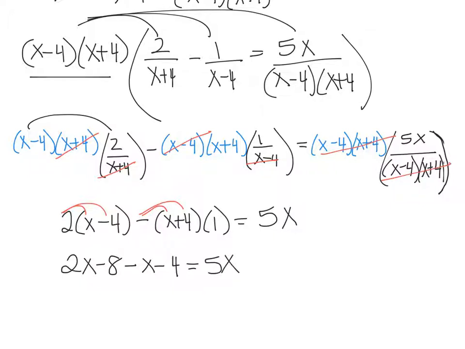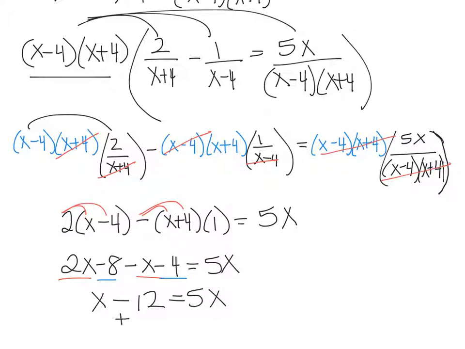Lastly, I need to combine like terms on the left side. So I have a 2x and a negative x. 2x minus x gives me 1x, or just x. And then a negative 8 plus a negative 4 is a negative 12. So I'll write minus 12, and that equals 5x.